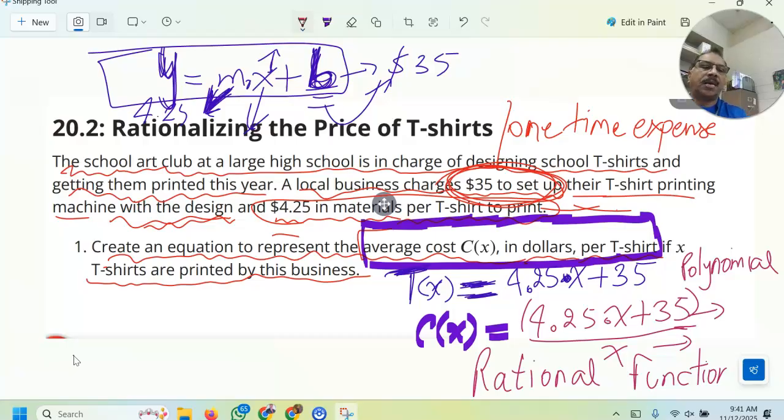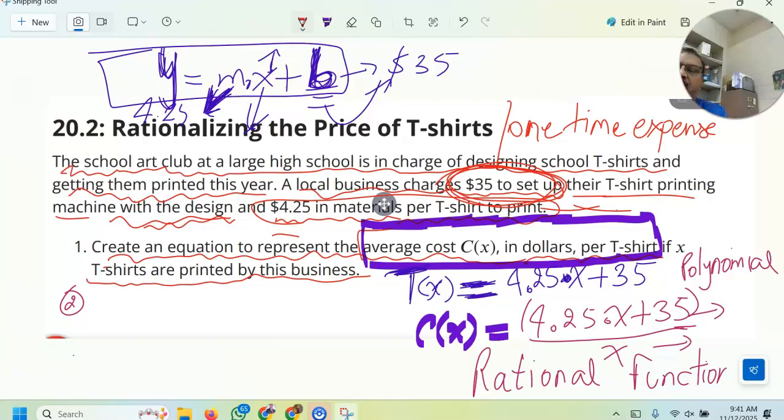And then you can see here, the question they're asking is, so we are done with the first part. The second question I'll write here. The second question is asking, what is the average cost for 25 t-shirts?